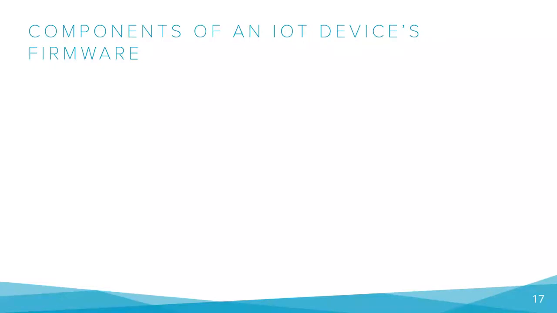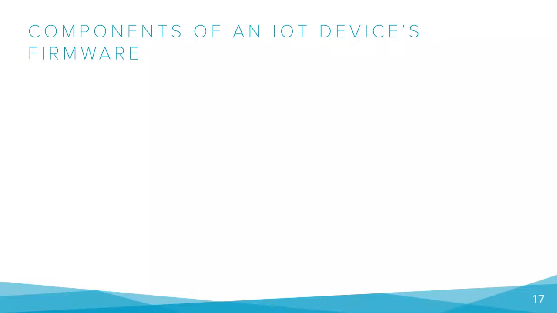We are familiar with the idea that firmware is written once to interface with the hardware and is rarely changed. But this was in part due to the idea that most devices were not designed to be connected to the internet. This was the previous thinking.